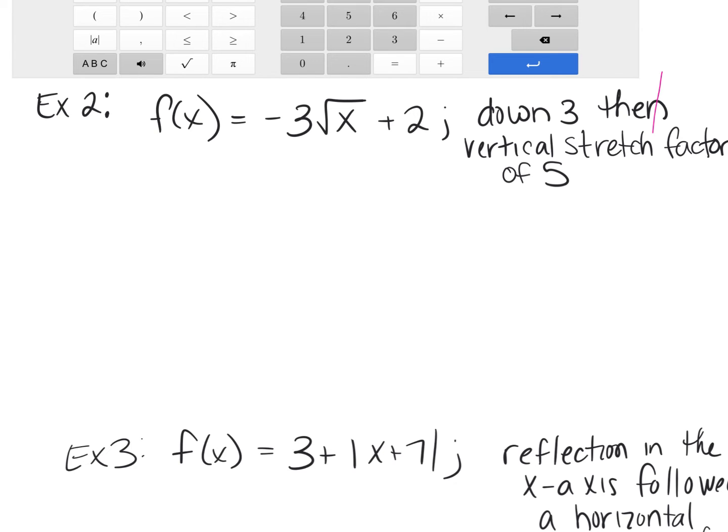We want to move it down 3, and then we want to do a vertical stretch factor of 5. So first is down 3. Second is a vertical stretch factor of 5.